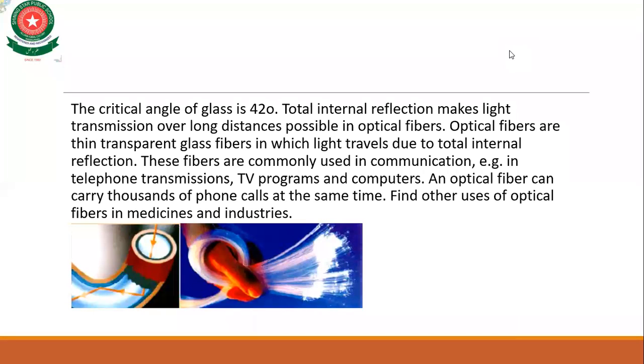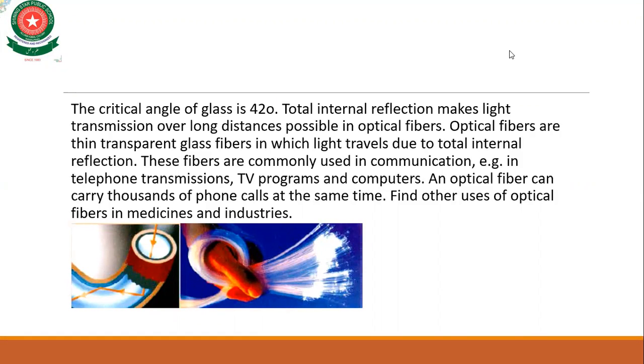Basically, these all use fibers because if we go back to the past, fibers were not introduced, and maybe you have heard that whenever a caller called someone, he or she also heard some voices of other people.